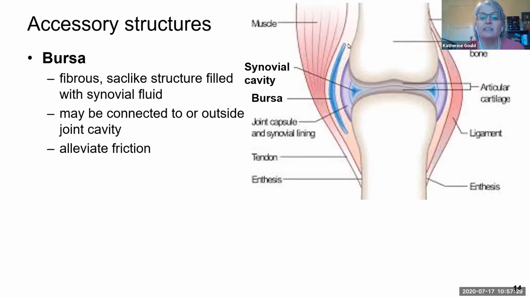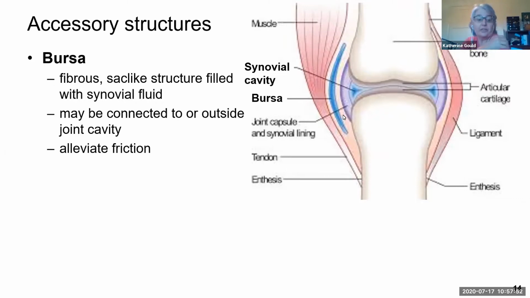And so we have these little other sacs filled with fluid called bursa. These are lined with synovial membrane. They are filled with synovial fluid, which is, again, blood plasma. And some of these are within the articular capsule. Some of them are inside it, some of them are outside. Again, this is really, really complicated. But those are called bursae.